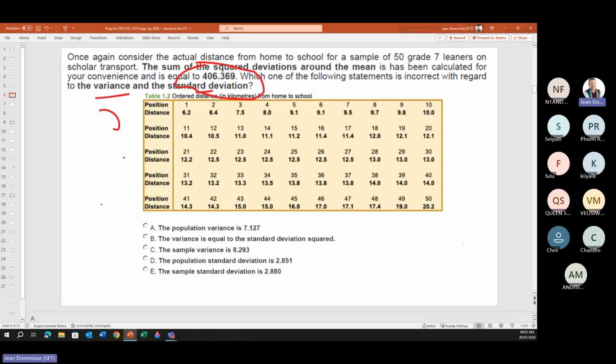So if you look at your formulas, I'll just check if I still have that formula page. How it works is that sum of squares, it's nearly something like that. And if you look at your variance formula, it's the sum of squares divided by n that will give you your variance.